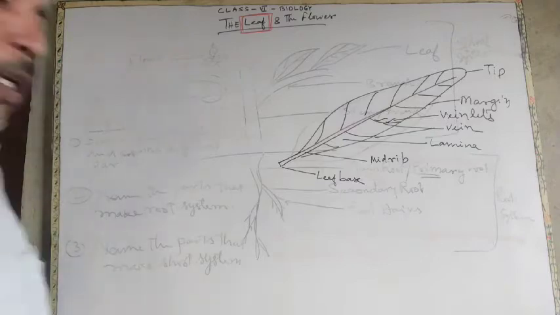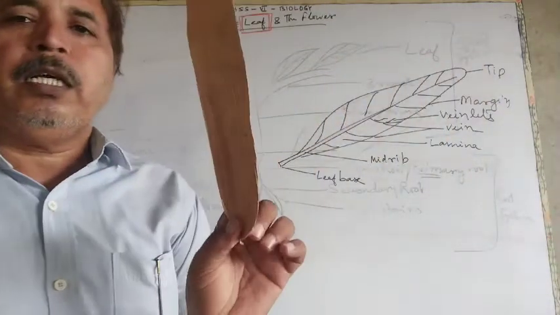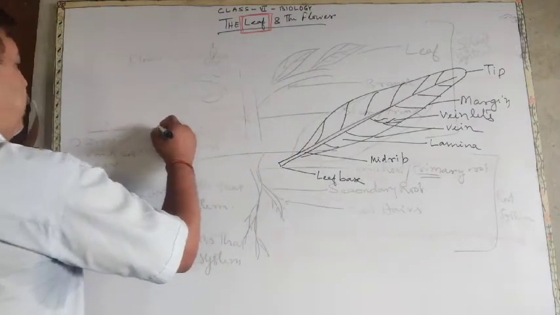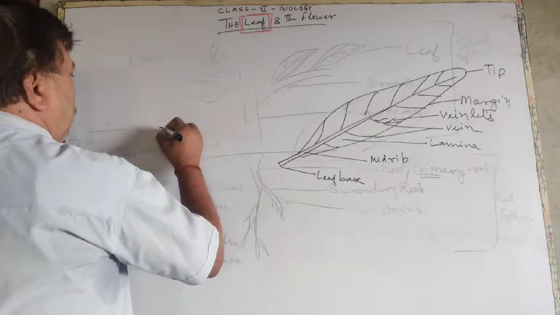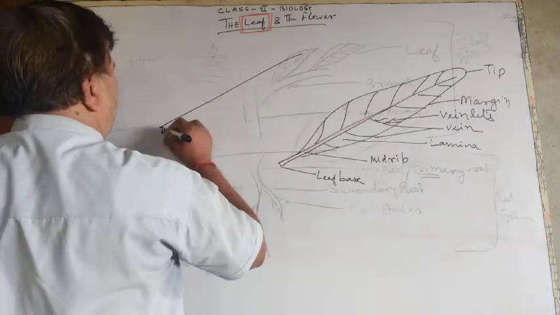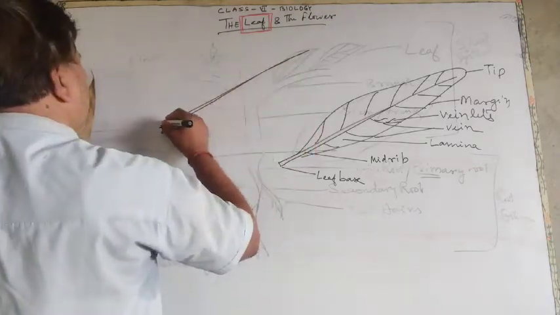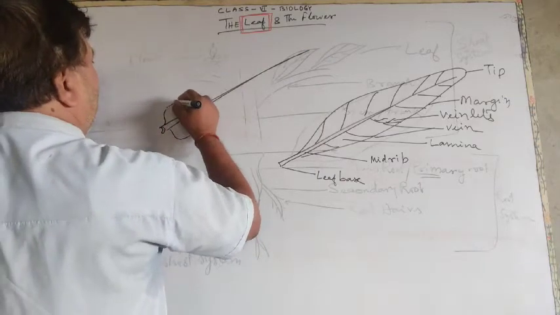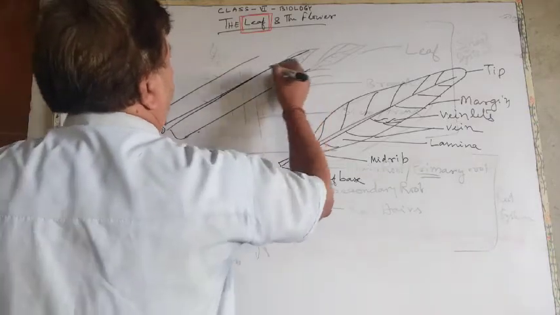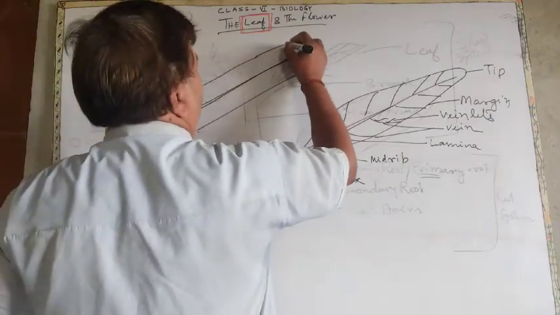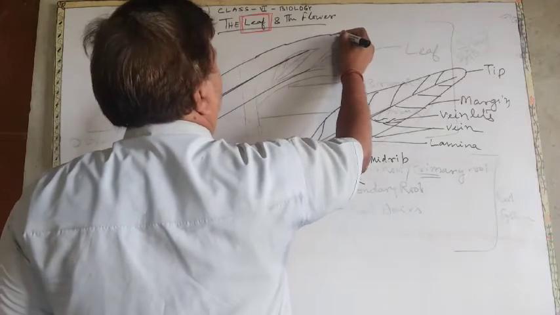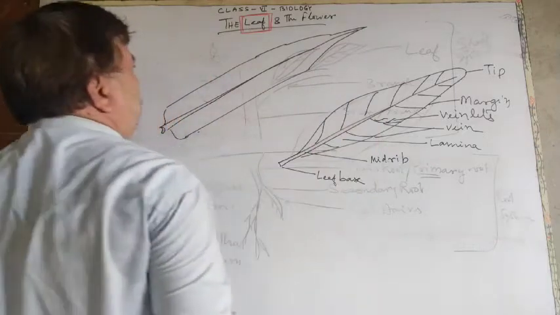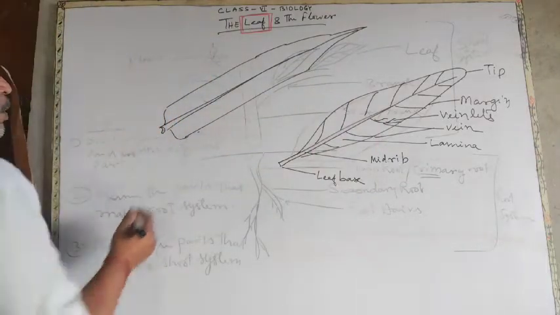Now I am drawing another leaf that I had in my hand. This bamboo leaf I will draw, and then we will compare both the leaves, right? So you see, here is the major difference.